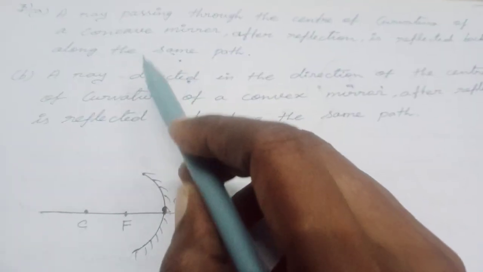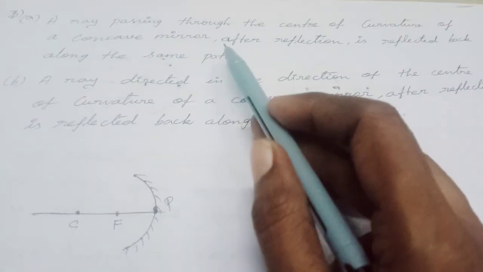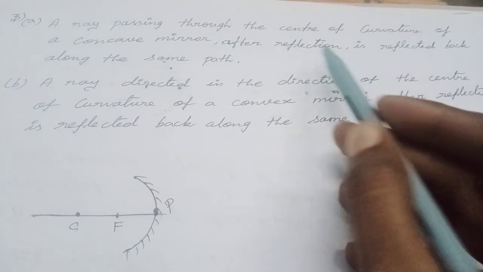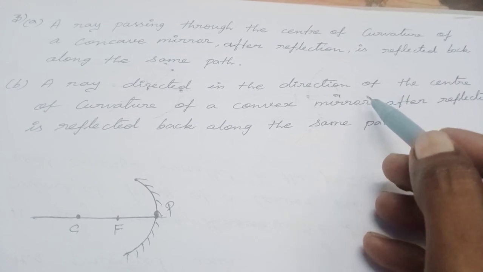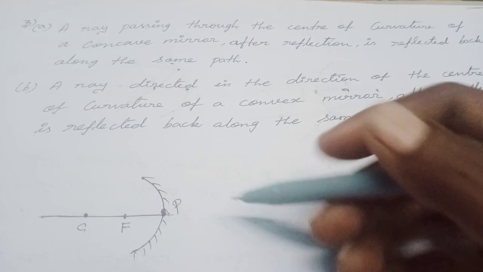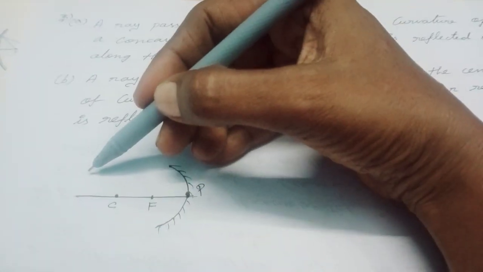Okay, now see the statement: the ray passing through the center of curvature of a concave mirror. The incident ray should pass through the center of curvature. So we have to draw the incident ray such that it is passing through the center of curvature. See, how to draw it.